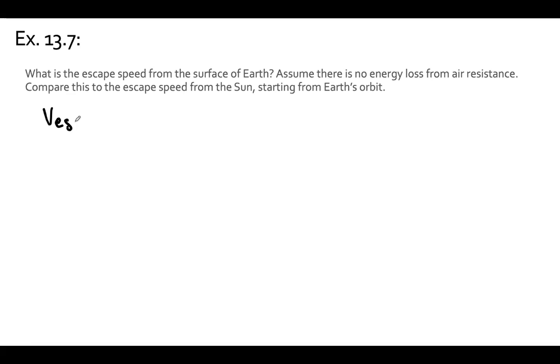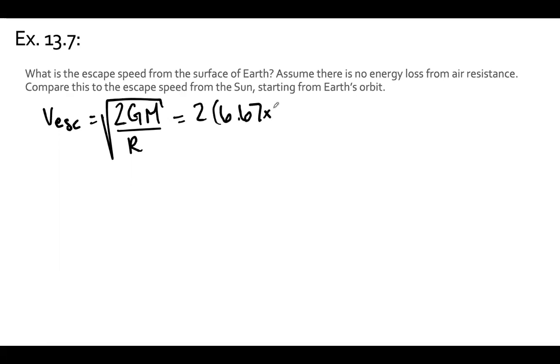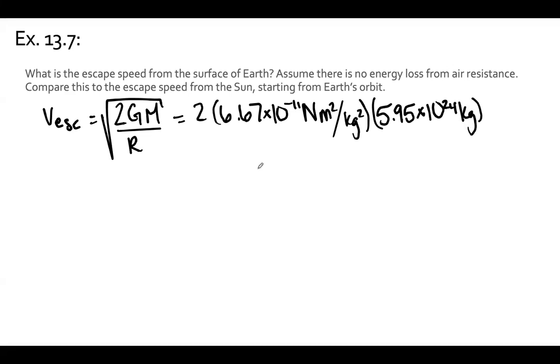So V escape, we just found, was the square root of 2GM over r, correct? So this is going to be 2 times 6.67 times 10 to the negative 11th Newton meters squared over kilograms squared, times the mass of the Earth, which is 5.95 times 10 to the 24th kilograms.